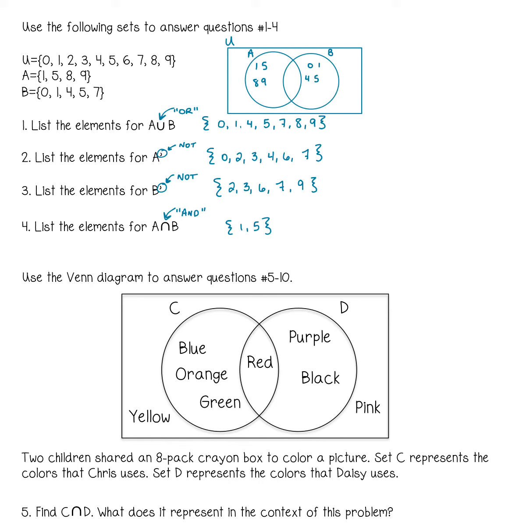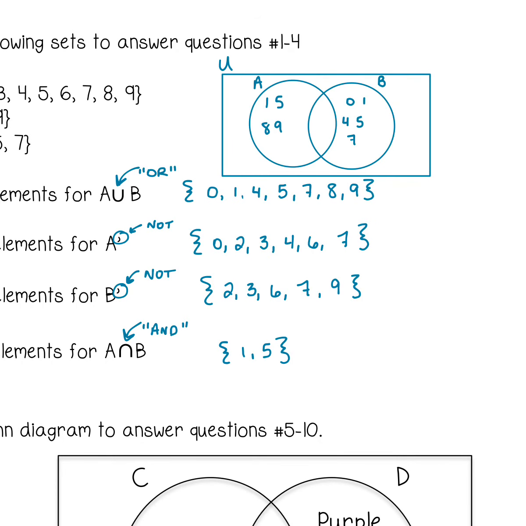So that is our universal, and that's our Venn diagram. We still have a couple more to pick, but let's make sure we don't have any duplicates. In our number 4, we said the numbers that were in A and B are 1 and 5. So we automatically know that 1 and 5 are going to be our middle. Okay, so we're not quite finished.